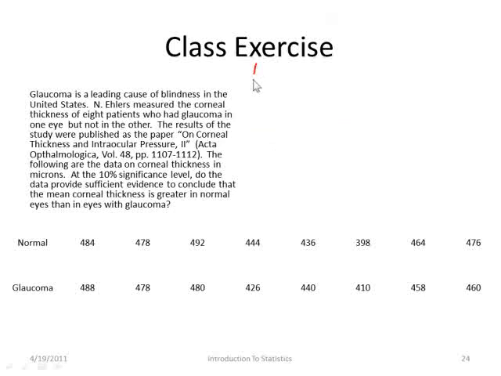So again, we need to state the null and the alternative hypothesis. Do the data provide sufficient evidence to conclude that the mean corneal thickness is greater in normal eyes than with glaucoma? So we need to state this in terms of mu sub d. So again, we're going to take the normal minus the glaucoma.